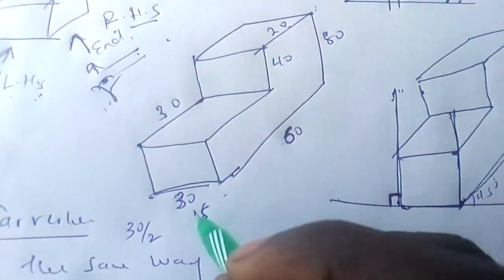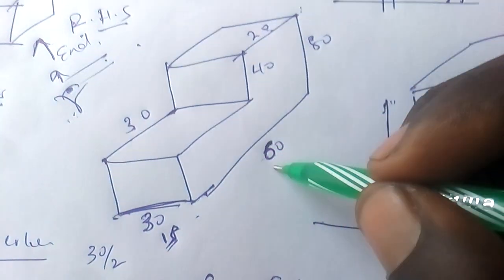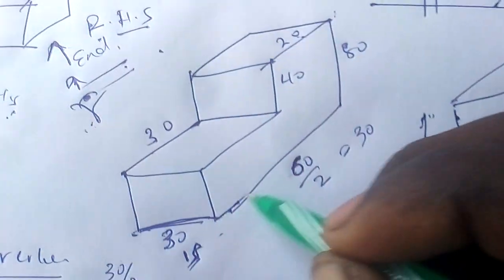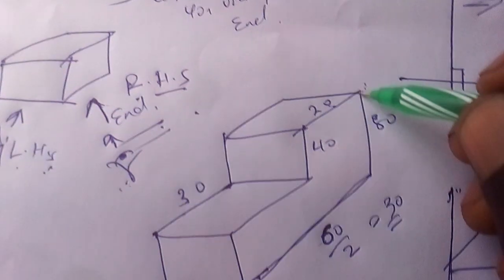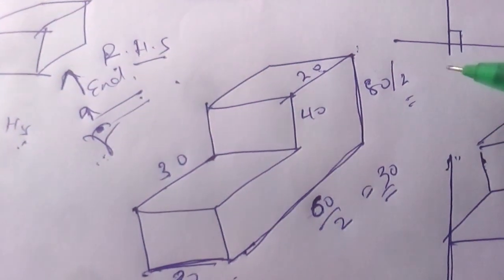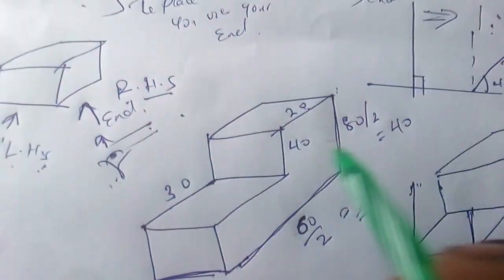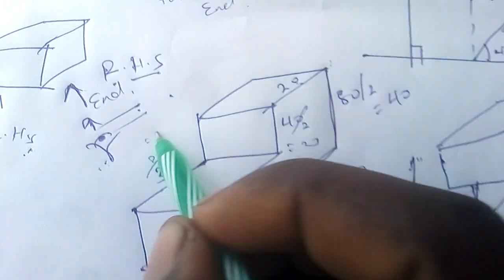Then this 60 divided by 2 is 30, so we'll represent this using 30 millimeter. Then instead of using 80 millimeter, you take 80 divided by 2 and find that it is 40. Also this side divided by 2 you get 20, and this divided by 2 you get 15.